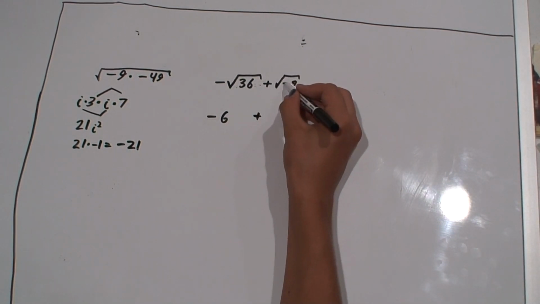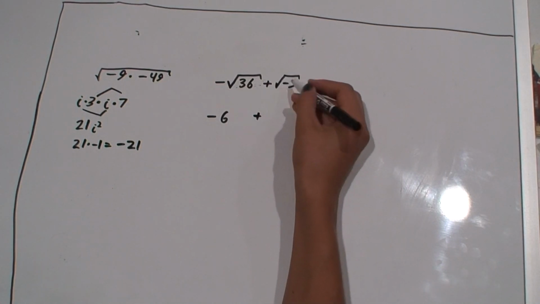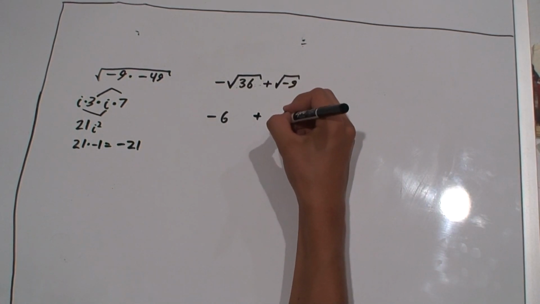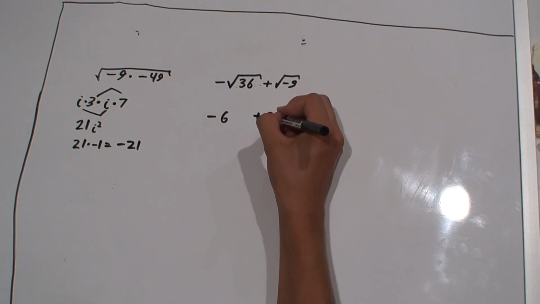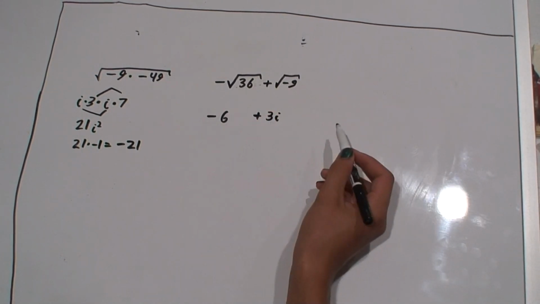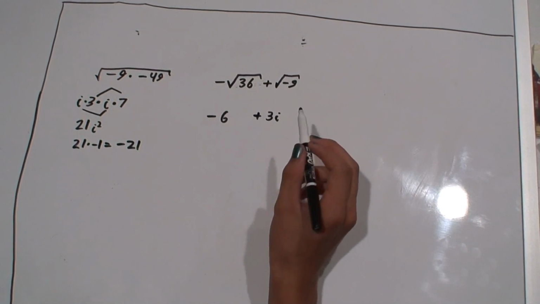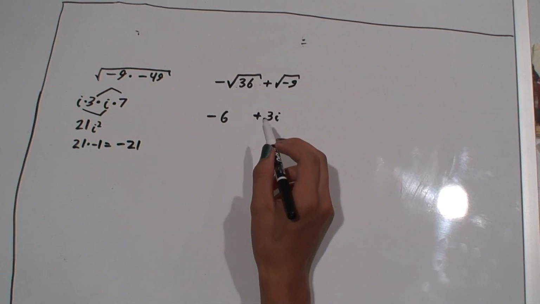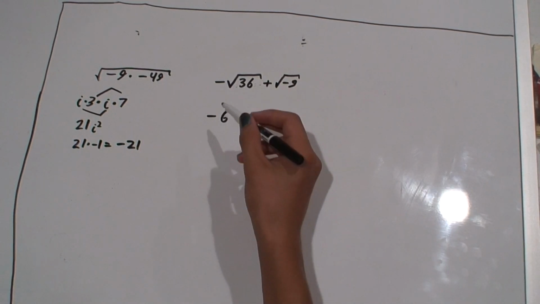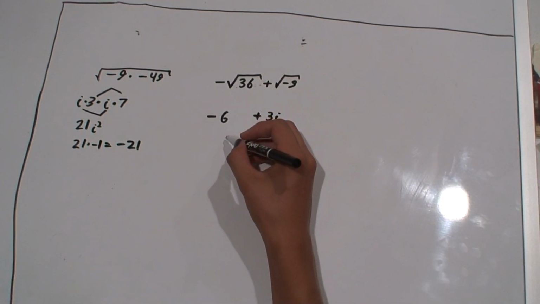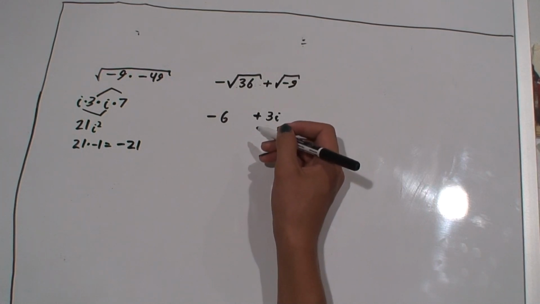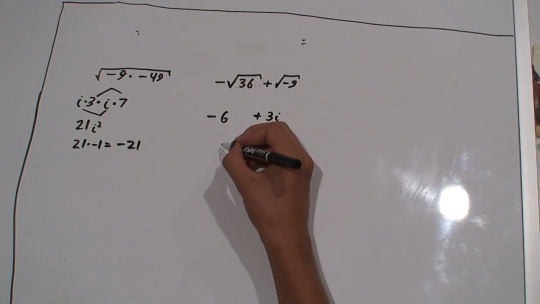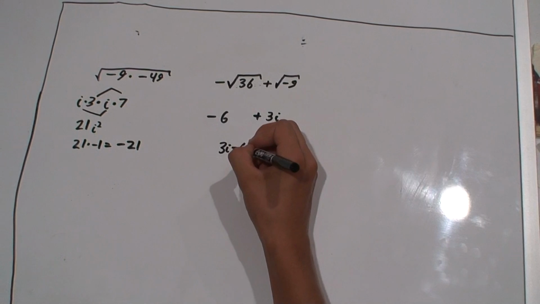Now this time, the negative sign is inside it, so we can take it out with an i, and the square root of 9 is 3. So we have -6 plus 3i, and we cannot simplify this any farther because 6 has 0 i's and 3 has an i. So that would be 3i minus 6.